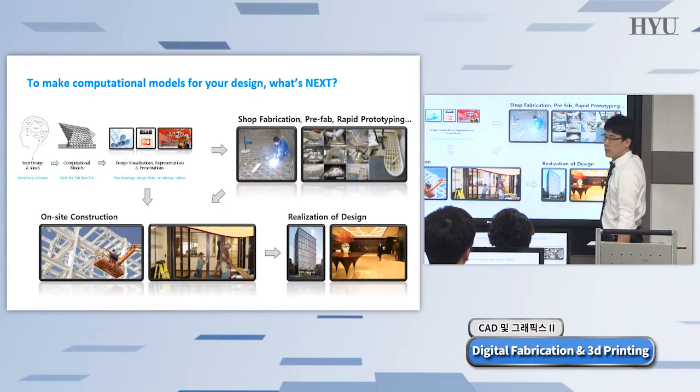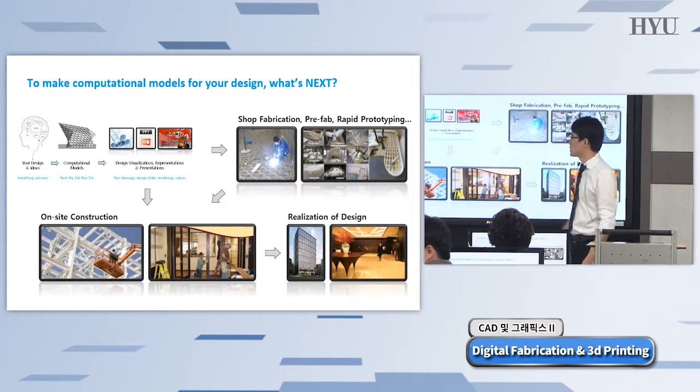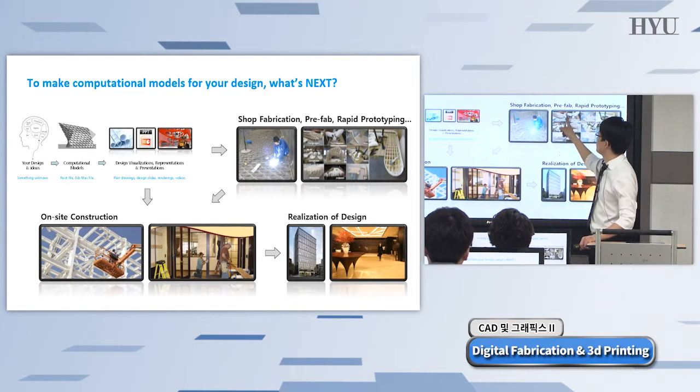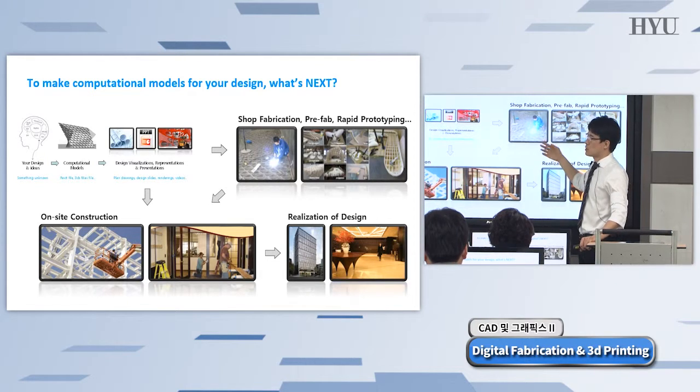Rapid prototyping usually aims to create prototype models, okay, mock-up models, but sometimes those can be directly applied for on-site construction. Shop fabrication is a kind of structural element, but what if you just simply think about furniture, okay?